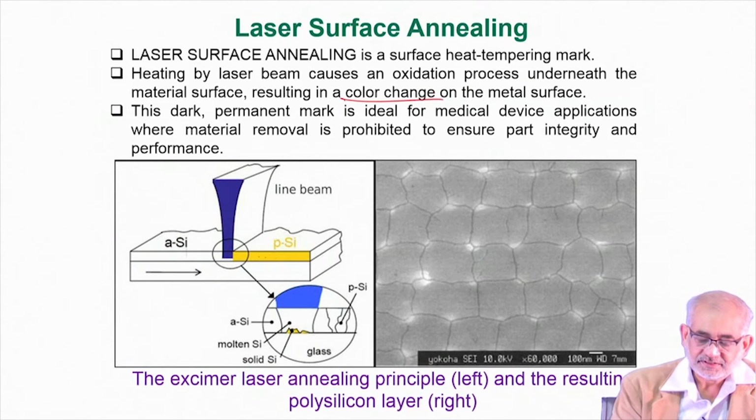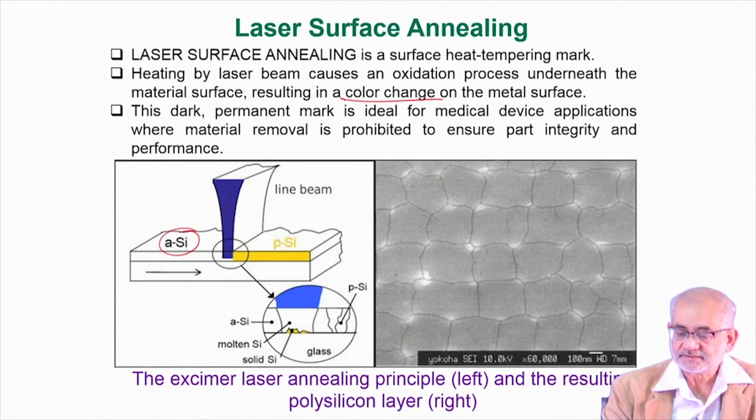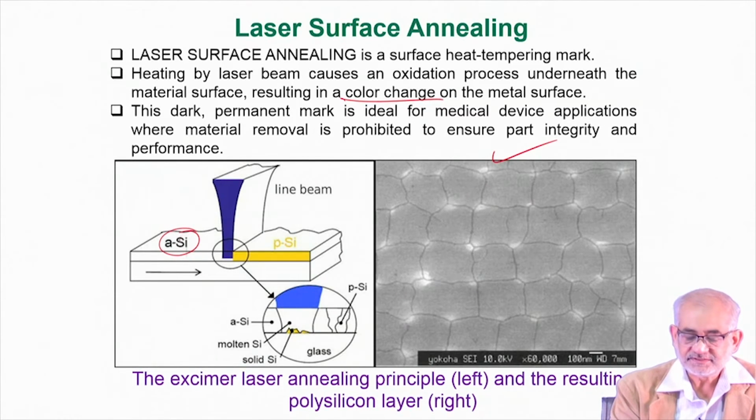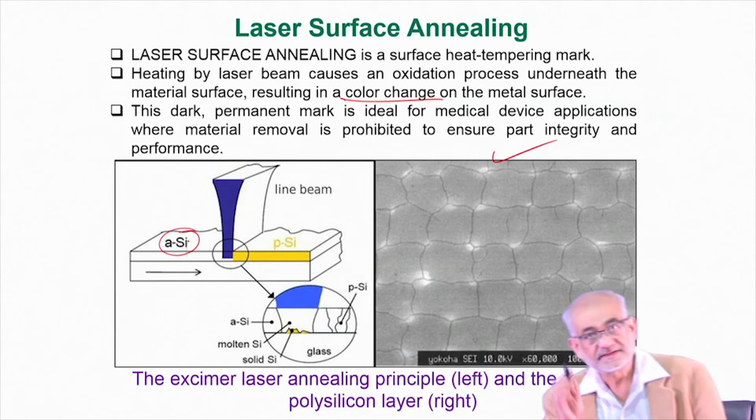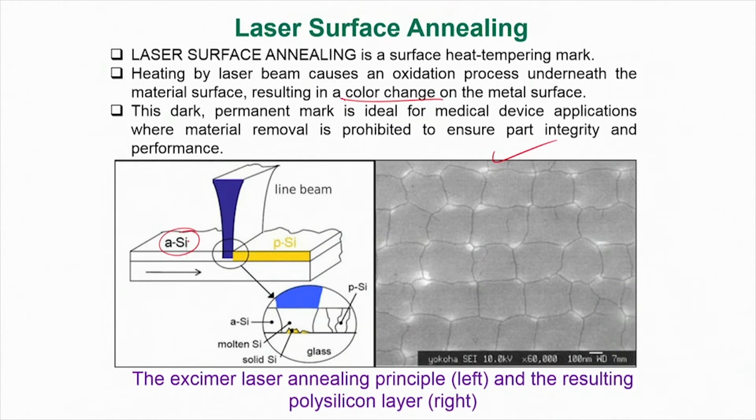For example, this silicon wafer, if it is initially in amorphous condition, by way of laser beam heating we can convert it into a polycrystalline aggregate like this. So by changing from amorphous to polycrystalline aggregate, we can make a lot of changes in terms of not only appearance, but also transport properties, color and electrical properties.